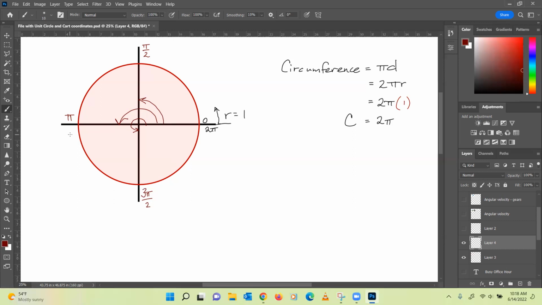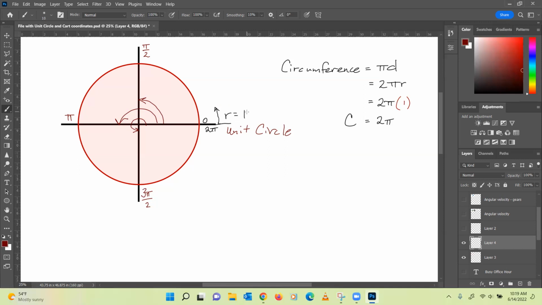And that's actually what we have here. This is a unit circle, because r equals 1, and unity is 1. And so by saying that r equals 1, we've called this a unit circle. And now we just need to figure out what all the pieces are on this circle.